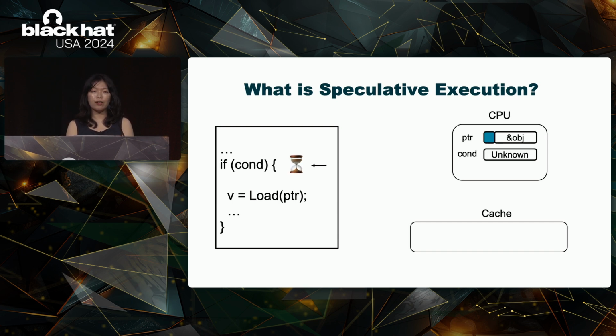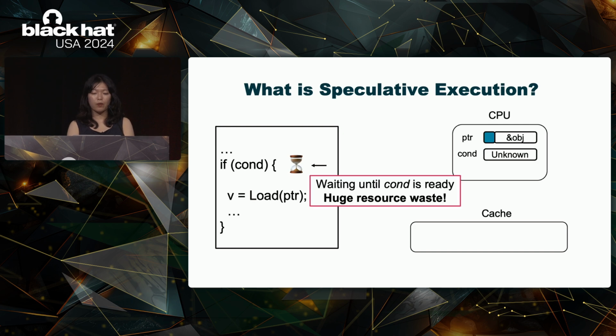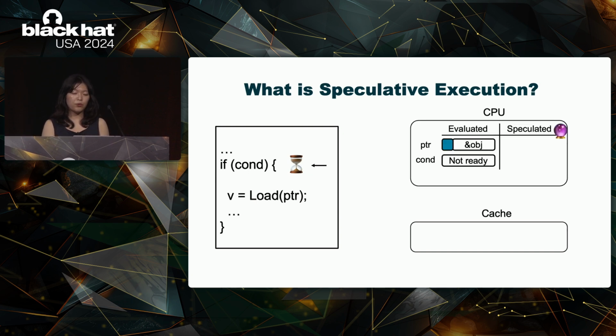If the condition value is unknown for a long time, waiting until it's ready would be a huge waste of time and CPU resources. So the CPU leverages speculative execution to speculate on what will happen next, instead of waiting for this condition value.